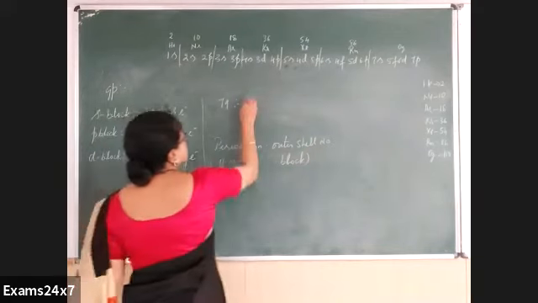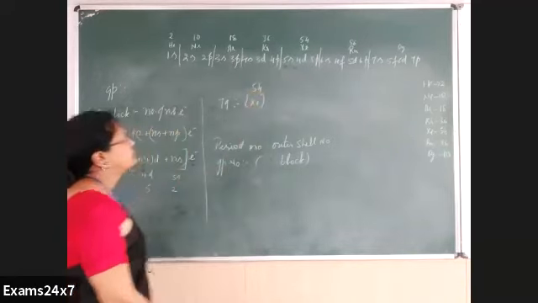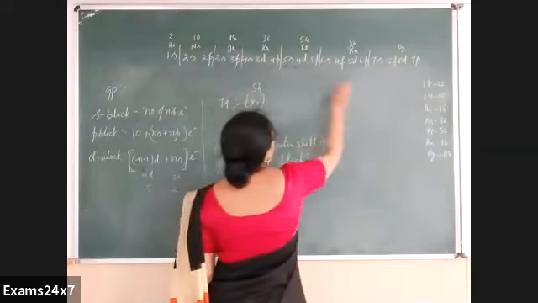Xenon. Good. Xenon has 54 electrons. How many more are required? 25 more are required. You write all the available orbitals first.